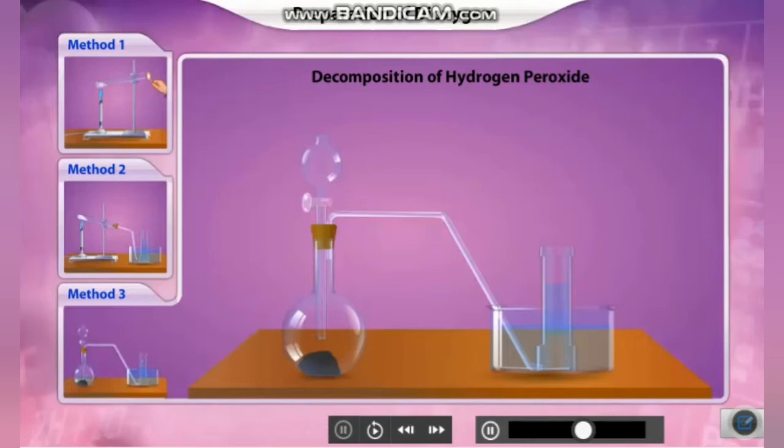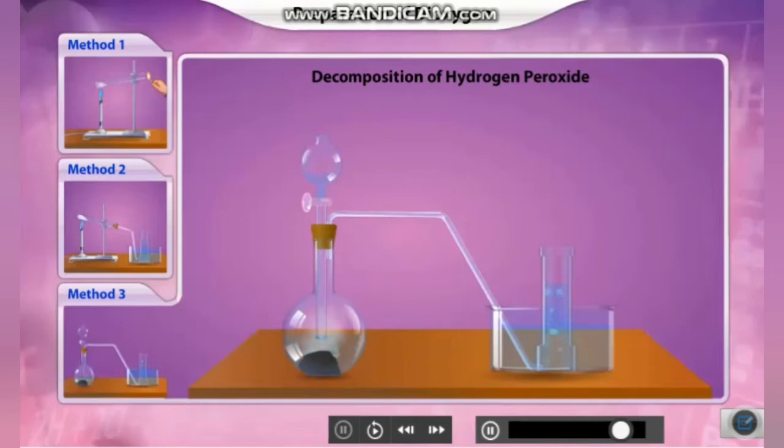To start the process, hydrogen peroxide is put in the bulb of the dropping funnel. Then the stopcock of the funnel is opened slightly so that the hydrogen peroxide falls drop by drop onto the manganese dioxide. Hydrogen peroxide reacts with manganese dioxide, releasing a gas, which travels through the delivery tube and collects in the inverted jar.